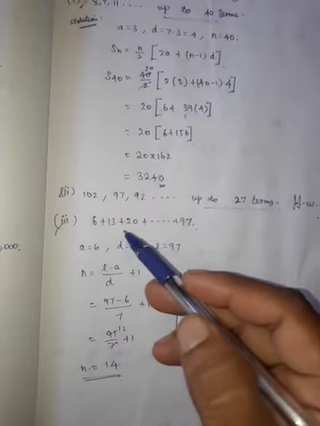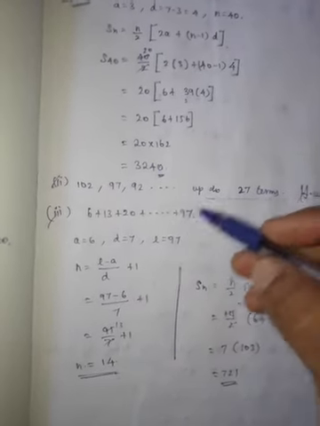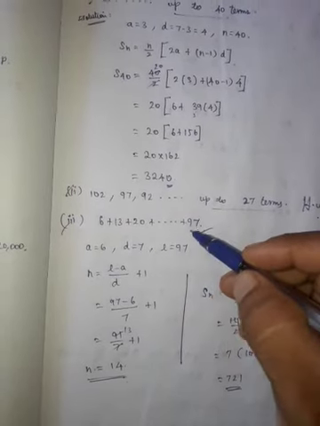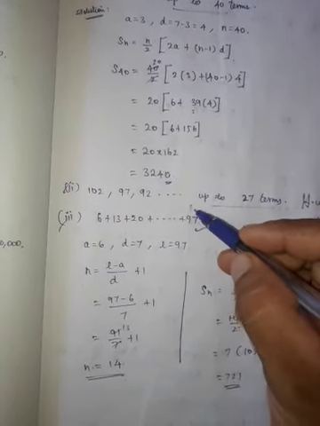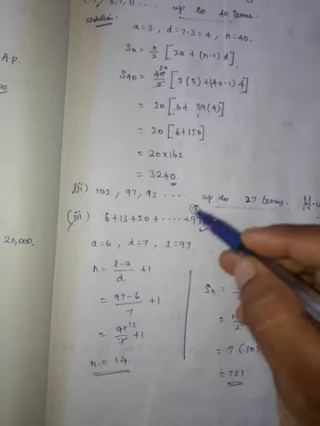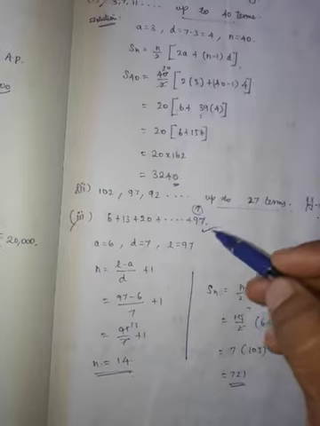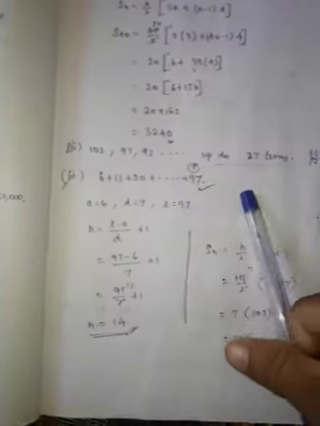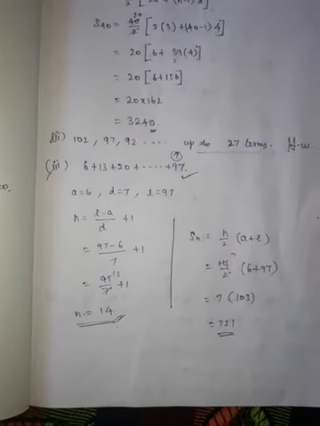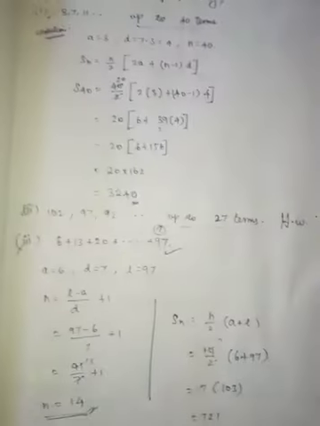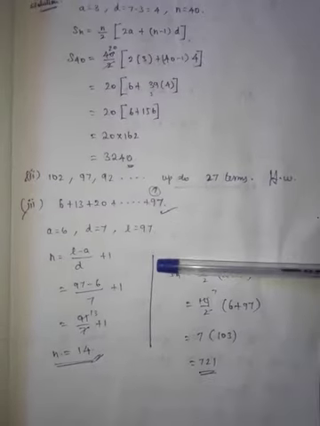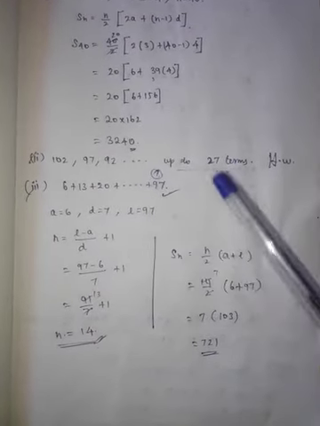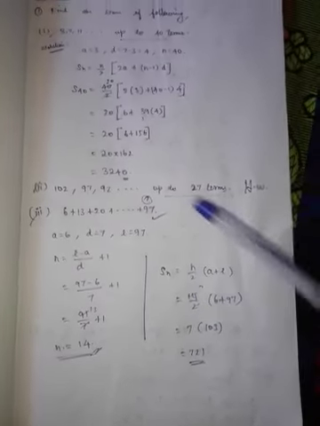Otherwise, if given 6 plus 13 plus 20 plus like this up to 97, first of all we find the n value, meaning in which term the last one lies. First we find that value, then we can use Sn equal to n by 2 into (a plus L).